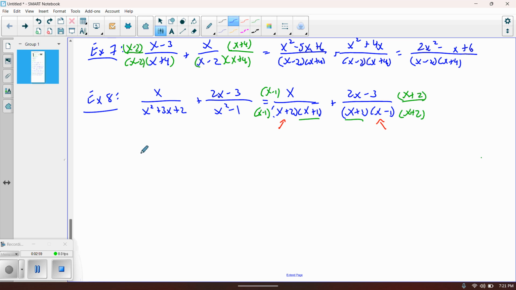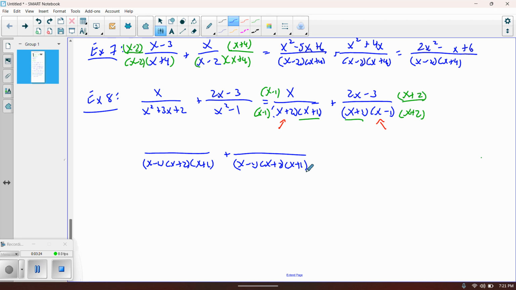So we'll have for the denominators x minus 1, x plus 2, and x plus 1. We'll have that for both of the denominators: x minus 1, x plus 2, x plus 1. And now we can go ahead and distribute out the numerators before we combine the like terms.